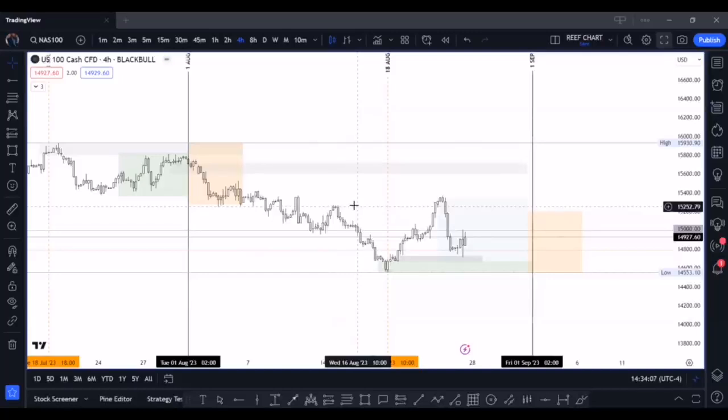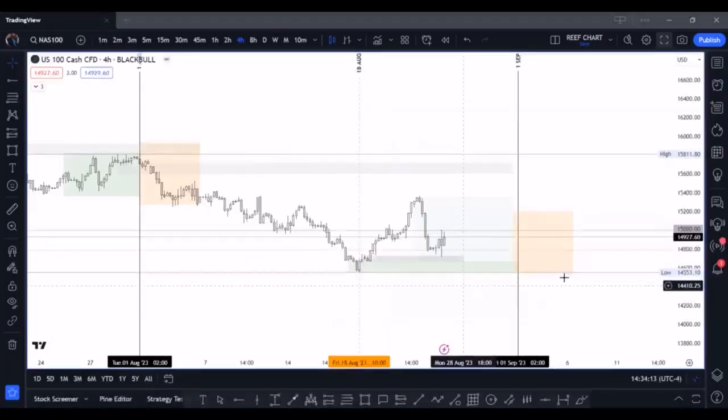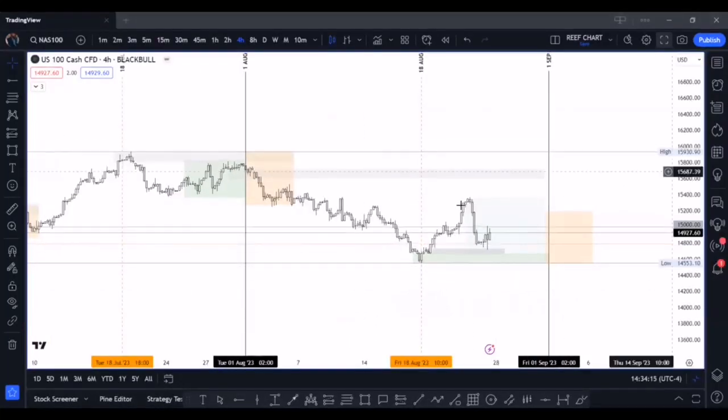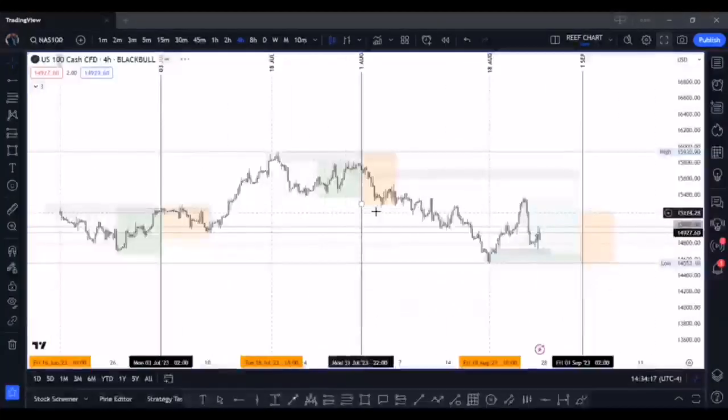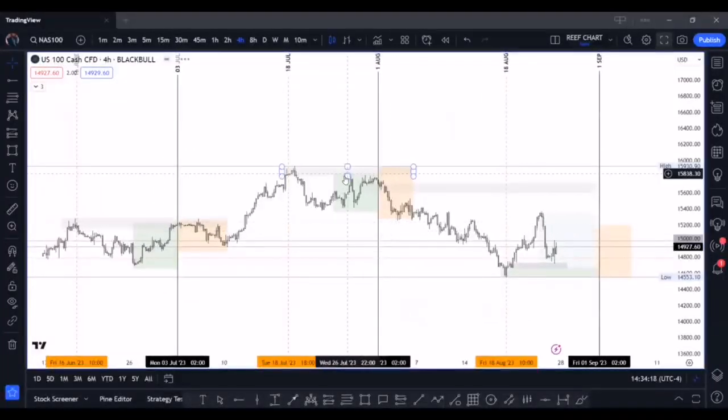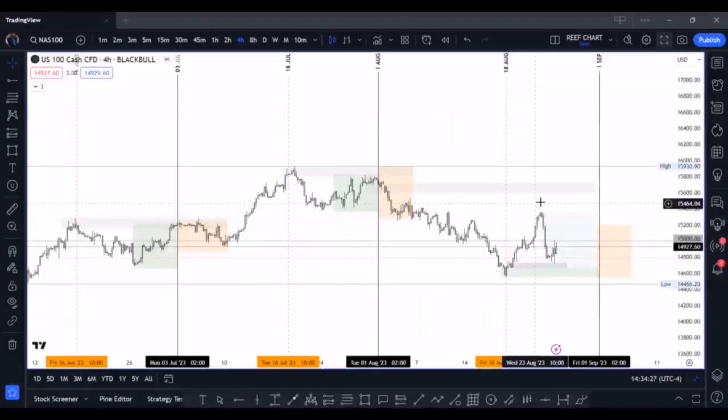Again, we have established that the market is highly relative to times of day and times of month, and that is how it basically books, and how it looks at reaching particular levels that we are expecting it to reach.